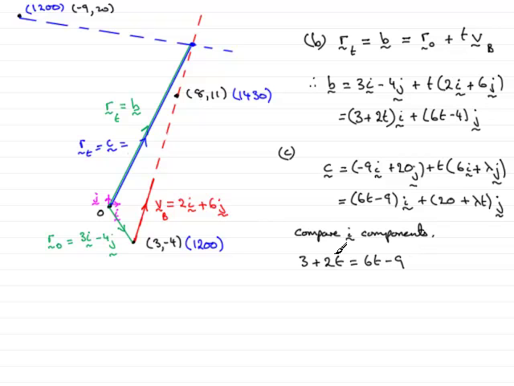If I add 9 to both sides and subtract 2t from both sides, I'm therefore going to have that 12 equals 4t. Dividing both sides by 4 means that t is equal to 3. So 3 hours afternoon the boats are going to intercept.